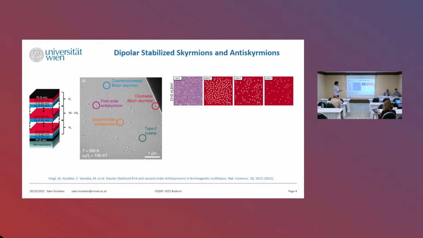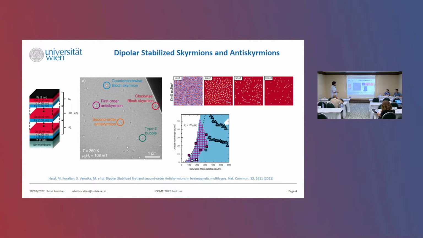The stripes without chirality will break down into trivial bubbles, type 2 bubbles, whereas those with a chirality would break down into Bloch skyrmions. And if we have tripods, we could also obtain antiskyrmions. We have also seen yesterday a well-known recipe to obtain dipolar stabilized antiskyrmions.